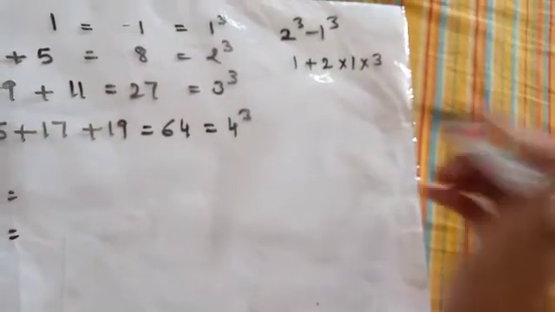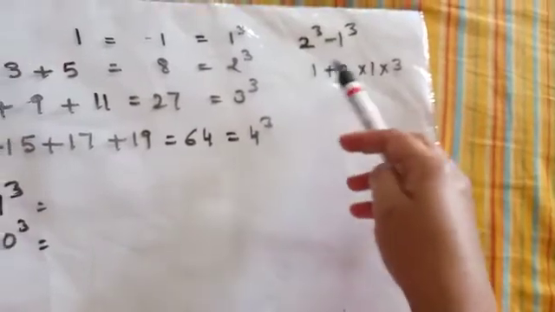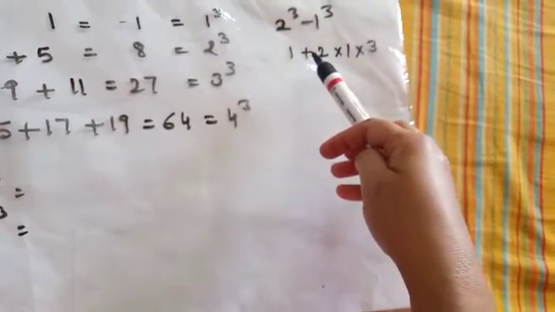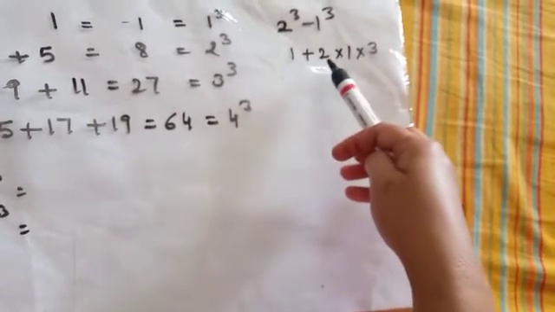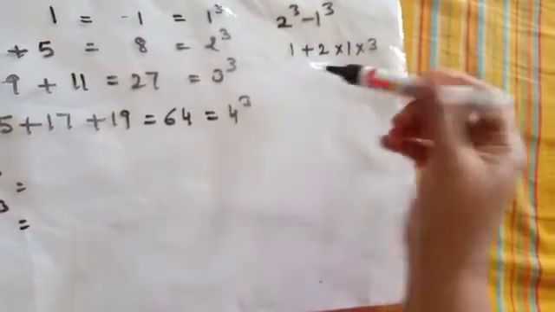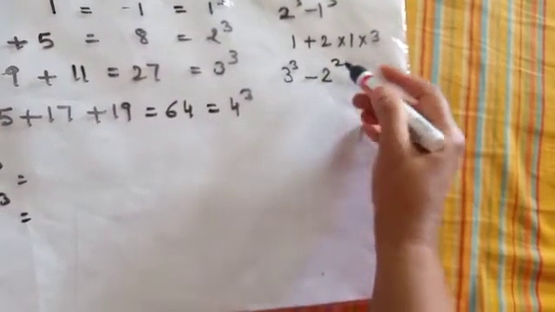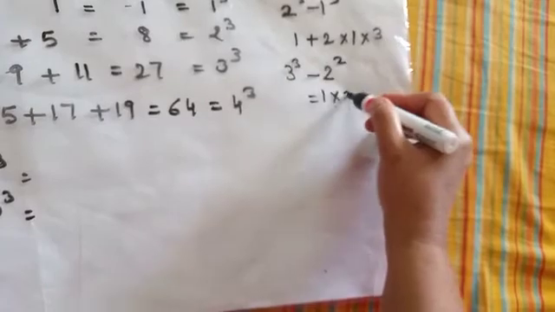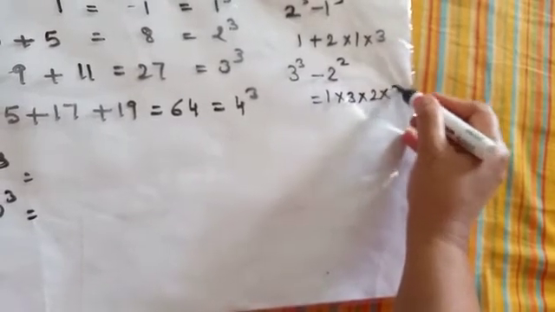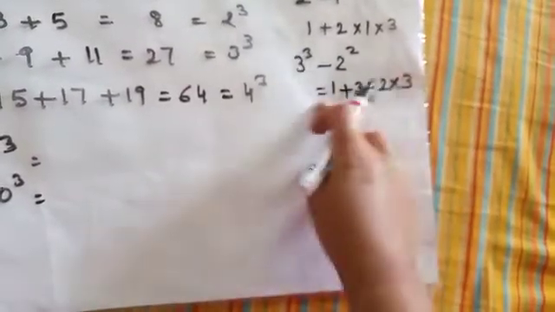Now how did I do that? You have to observe the pattern. 3 cube minus 2 cube is equal to 1 plus 3 into 2 into 3. Sorry, it is 1 plus.